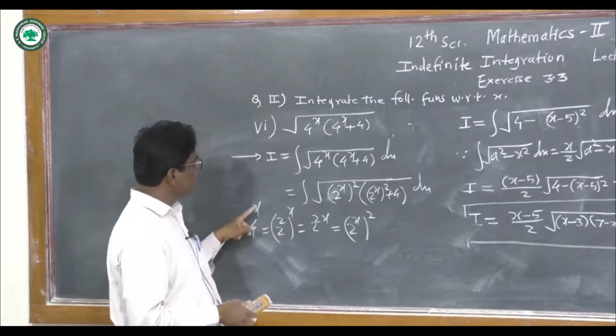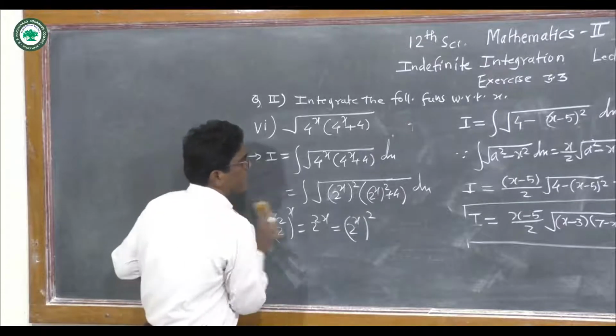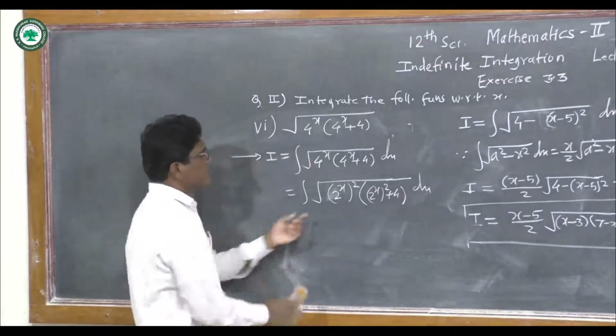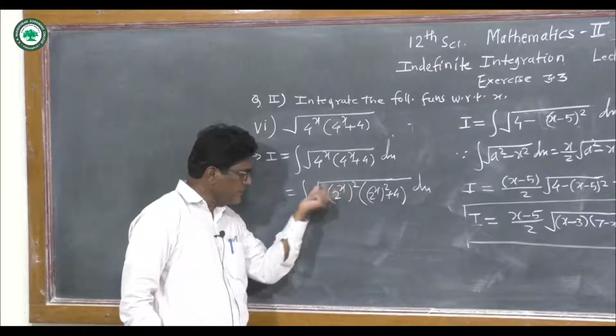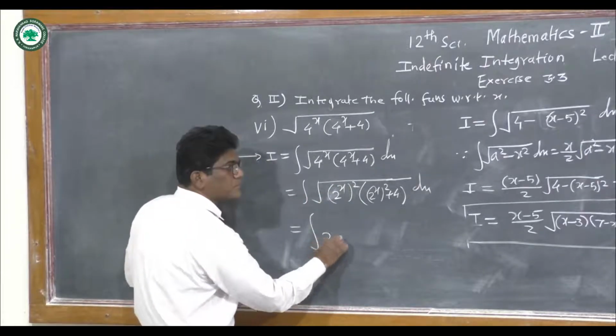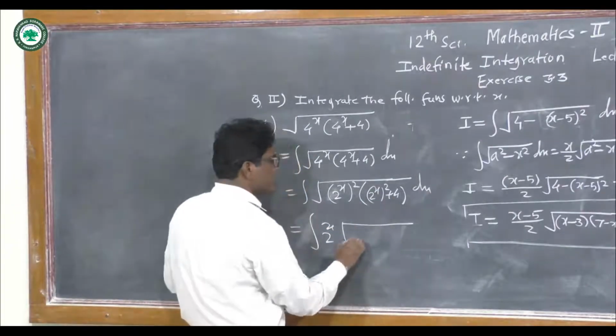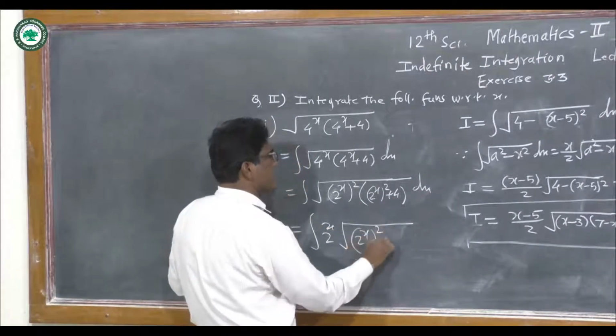So we write 4 to the power x as 2 to the power x bracket square. Get it? Now we take this 2 to the power x bracket square outside the root, and so we get the integration of 2 to the power x into under root of 2 to the power x bracket square plus 4 dx.